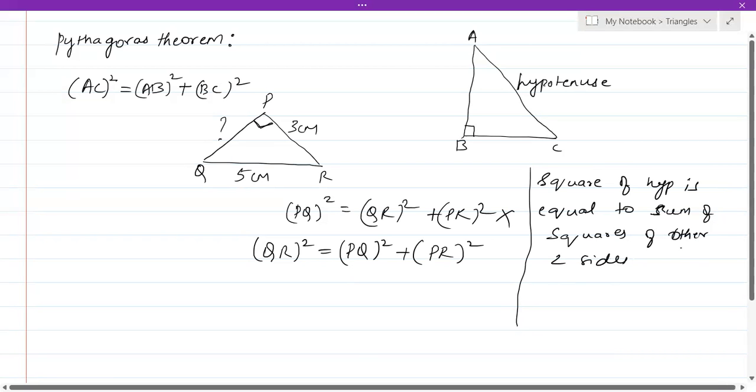This is the theorem. As I did now, if you just interchange this, instead of writing it as sum of squares, if you write it as square of sum, then it becomes like this.